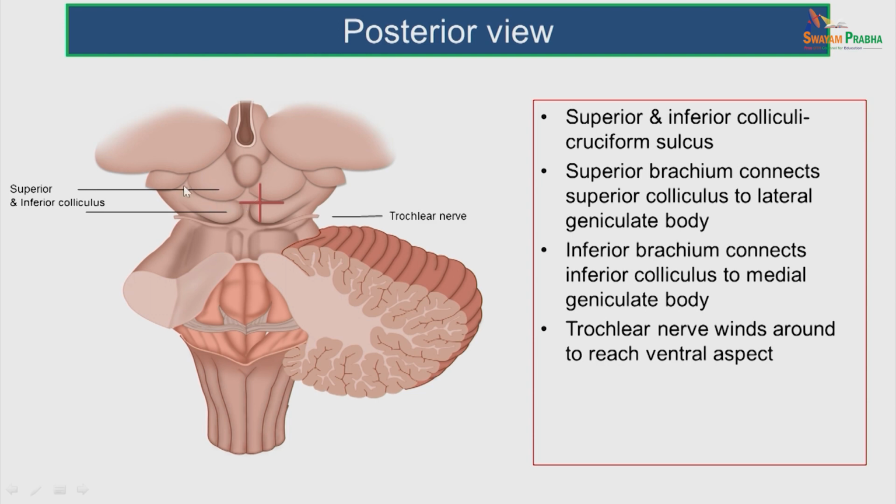The superior colliculus is connected to the lateral geniculate body through the superior brachium, and the inferior colliculus is connected to the medial geniculate body through the inferior brachium. The trochlear nerve winds around to reach the ventral aspect. This is the only cranial nerve that comes from the dorsal aspect of the brain, and then it reaches the ventral aspect.